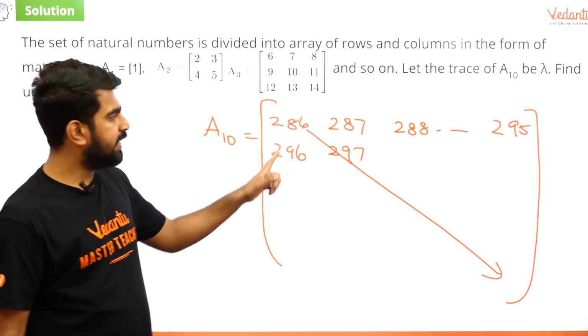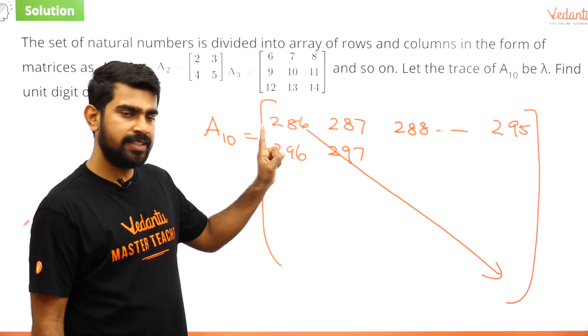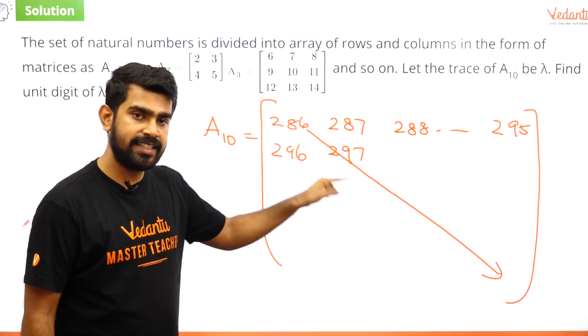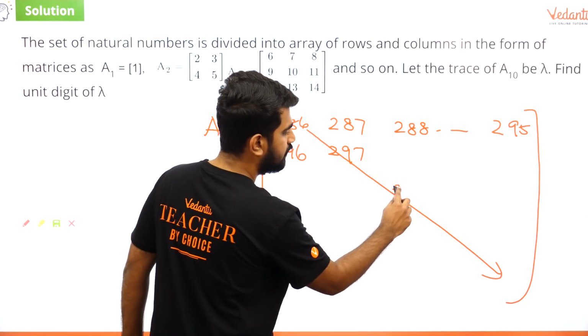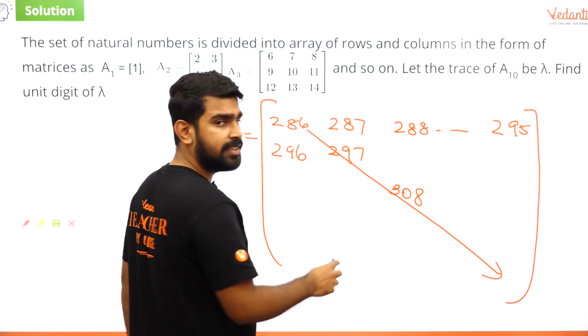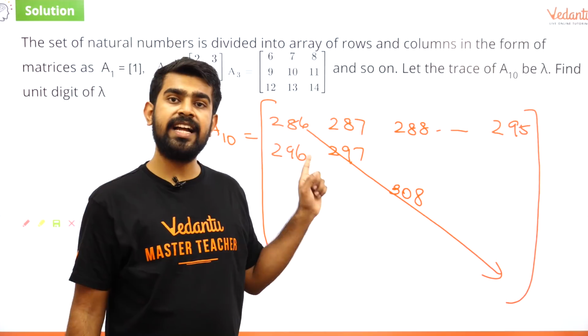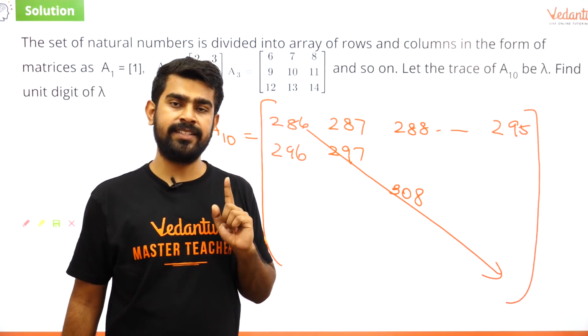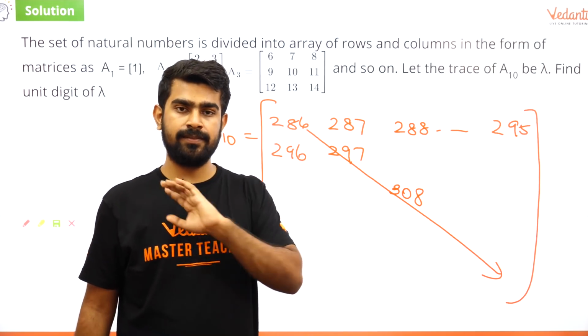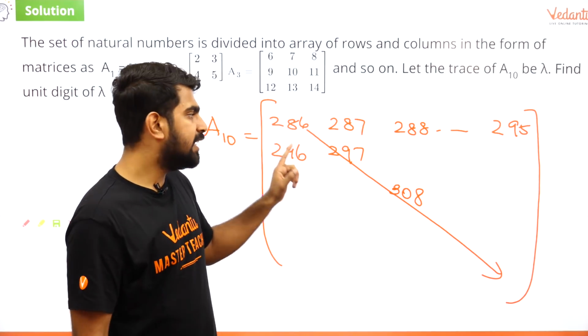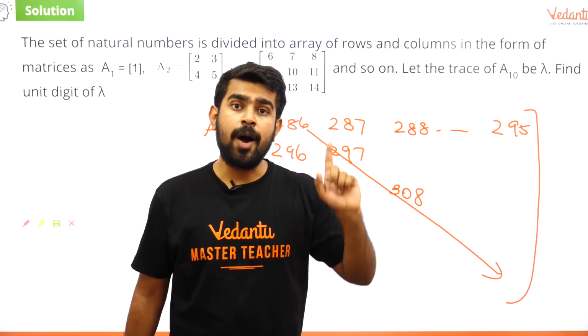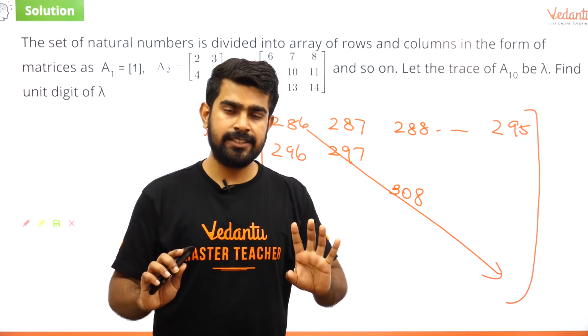So, diagonal elements, can you see 286 is the first element, 297 is the second element in the diagonal, and third element will be 308. How did I get that? Because they are going to be in an increasing arithmetic progression with a common difference of 11. Is that clear, guys?